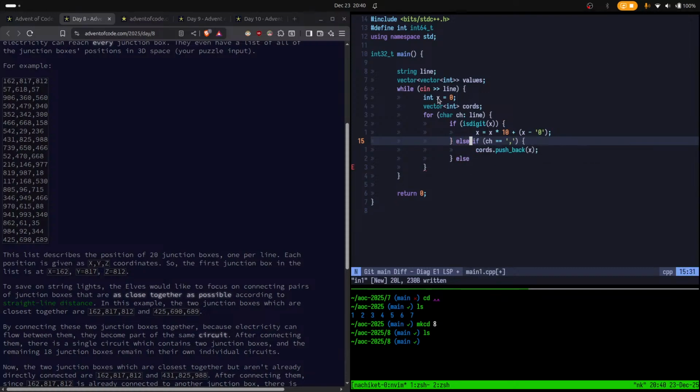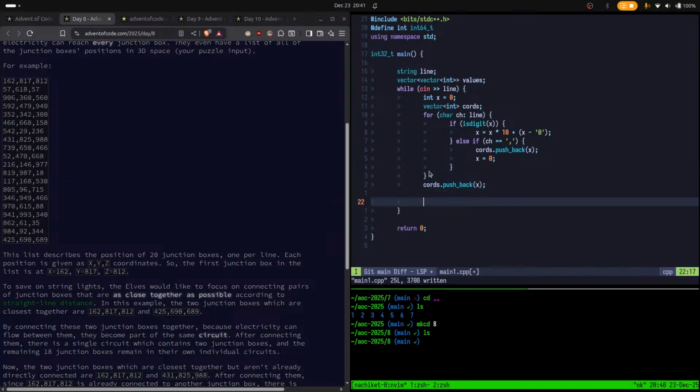Else, if this is a comma, the number construction is complete, and since the last number doesn't have anything to the right of it, add this in as well.